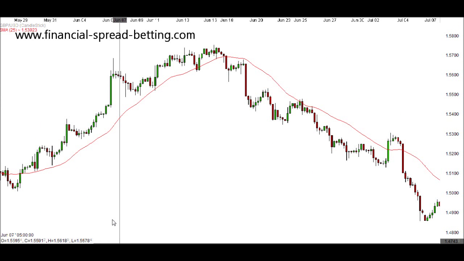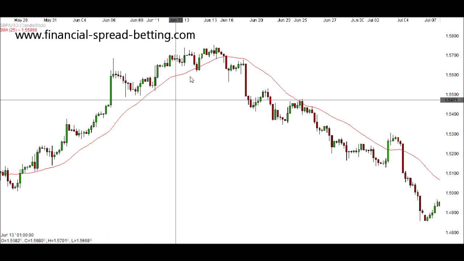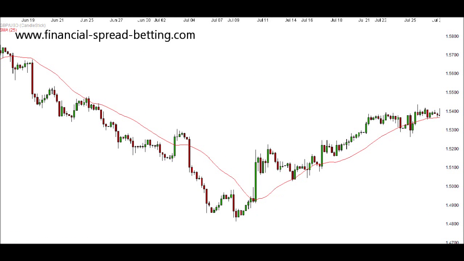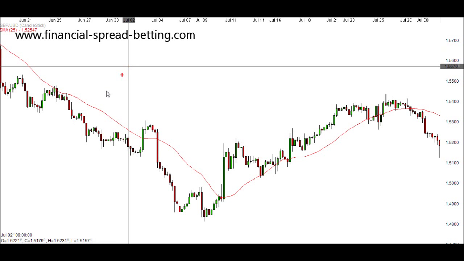Coming to the end of this uptrend, our moving average starts to drop just around here, which is the end of this uptrend. We now have a downtrend. Price is downtrending. Our moving average is heading down, showing us that price is in a downwards direction.